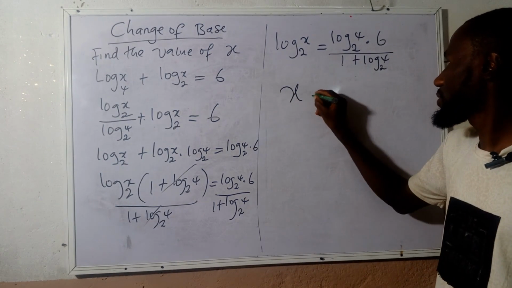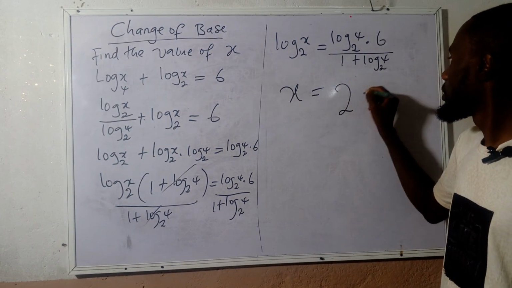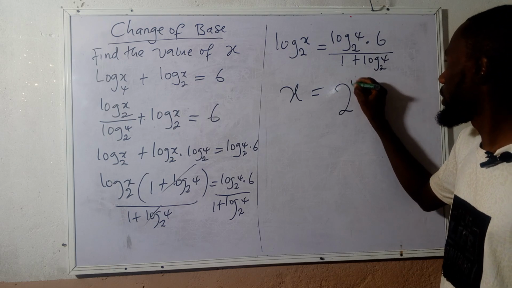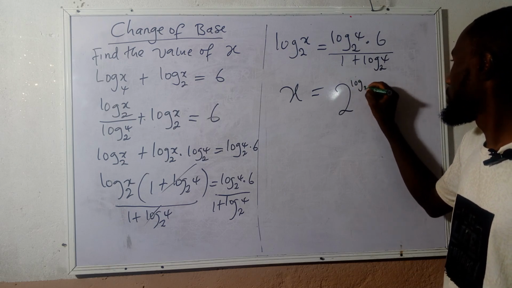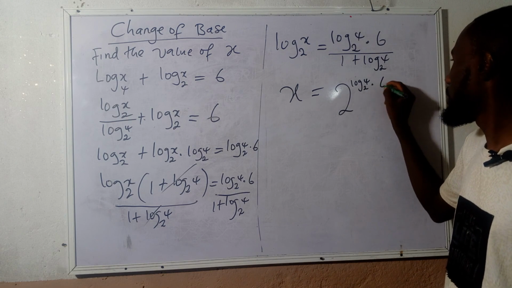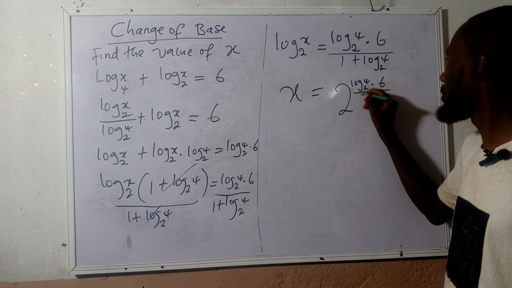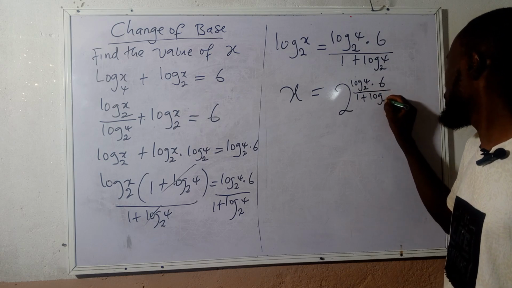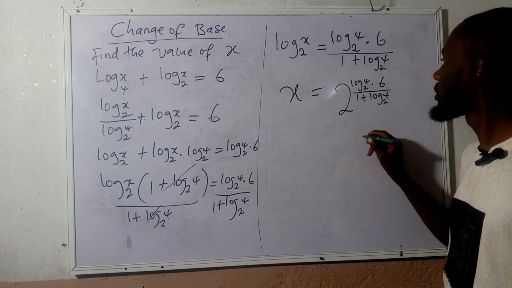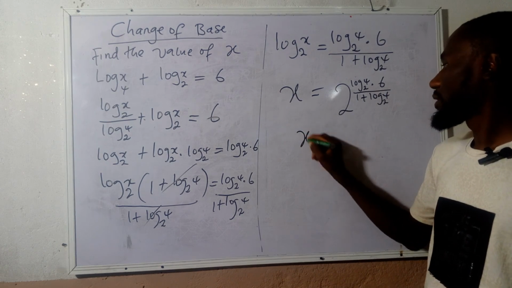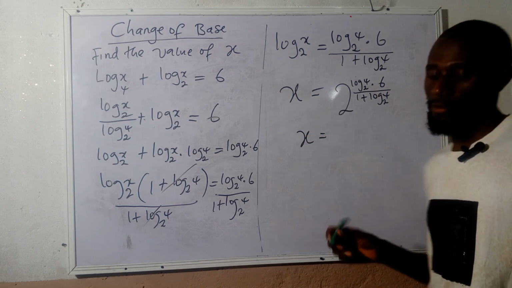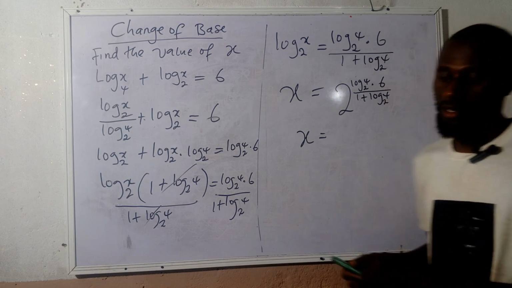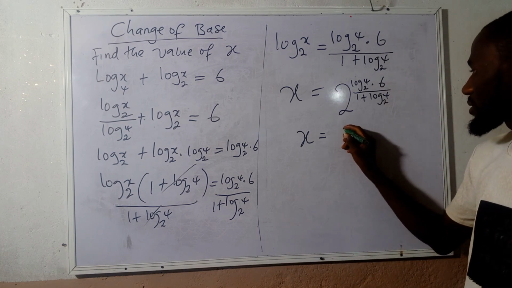We're going to have x is equals to 2 raised to the power log base 2 4 multiply by 6 all over 1 plus log base 2 4. Then we can find the value of x by pressing the calculator. We'll have x is equals to 16.